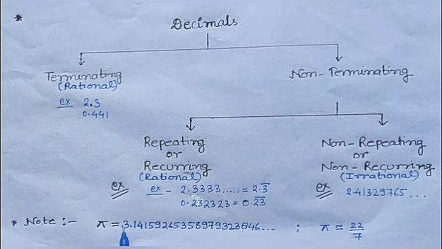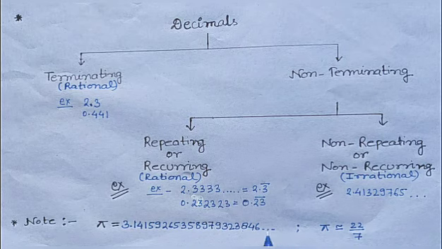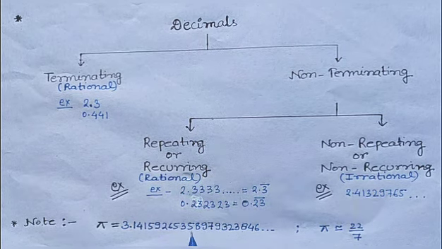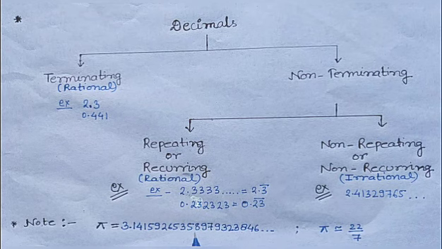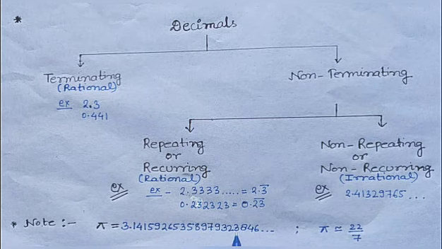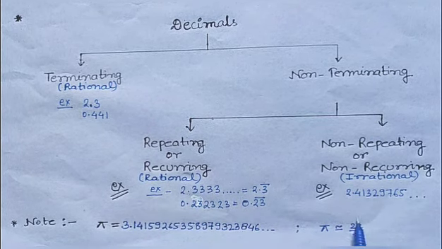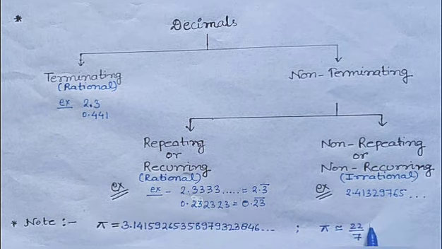The actual value of pi is like this, 3.14159, like this. It is non-terminating and non-repeating. So if someone asks you whether pi is rational or irrational, you can simply answer that the actual value of pi is non-terminating, non-repeating, so it is irrational. But if you have taken the approximate value of pi, that is 22 by 7, then you can say that it is rational.